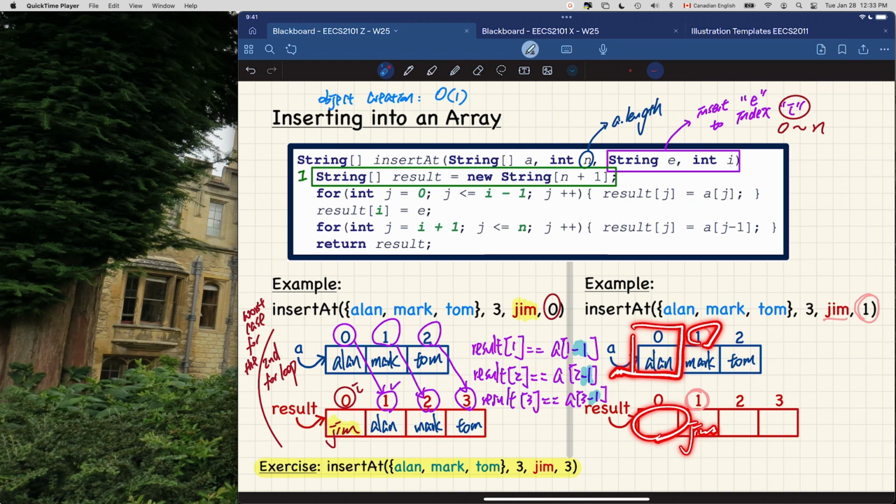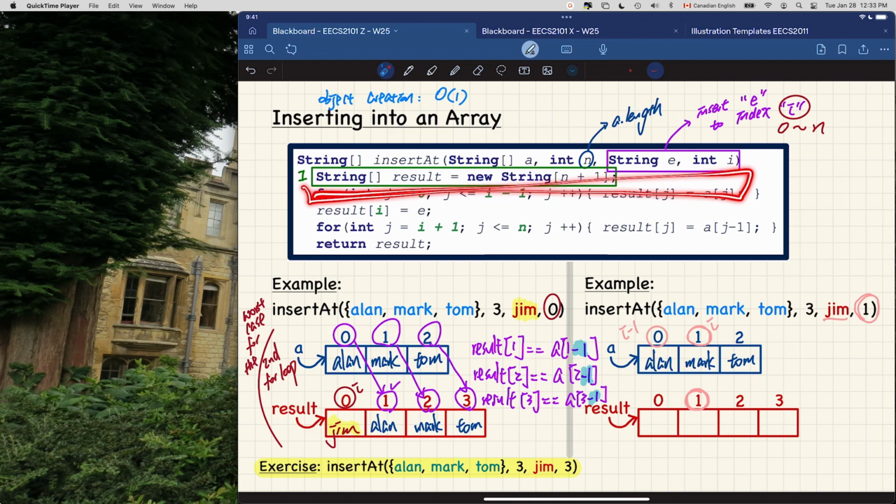So that's exactly what the first for loop is going to do. It has a loop counter from 0 all the way to I minus 1. Think about this one here as I minus 1, and this one here is I. I want to insert Jim into index 1 here. So everyone before index 1, in this case just Alan, should go to here. And in general, more than 1 element could come before I, so you need a loop to handle that.